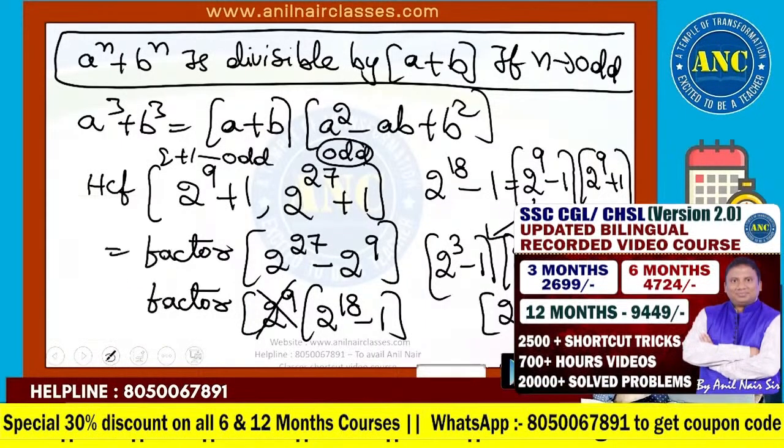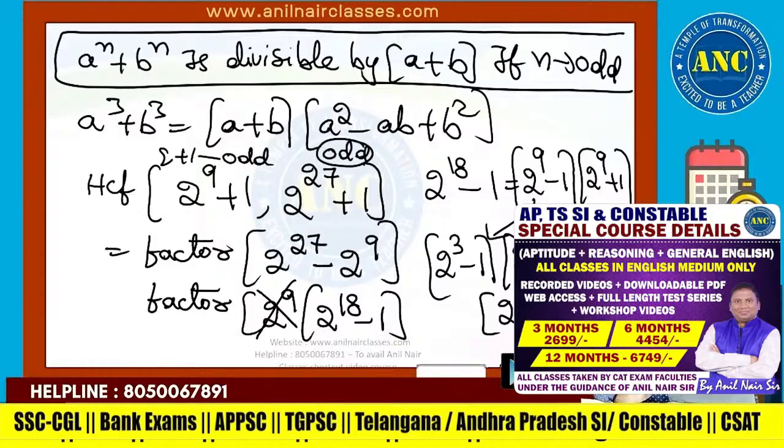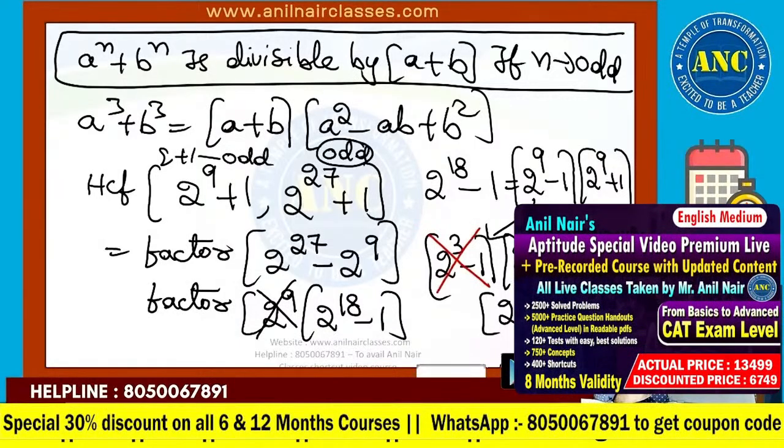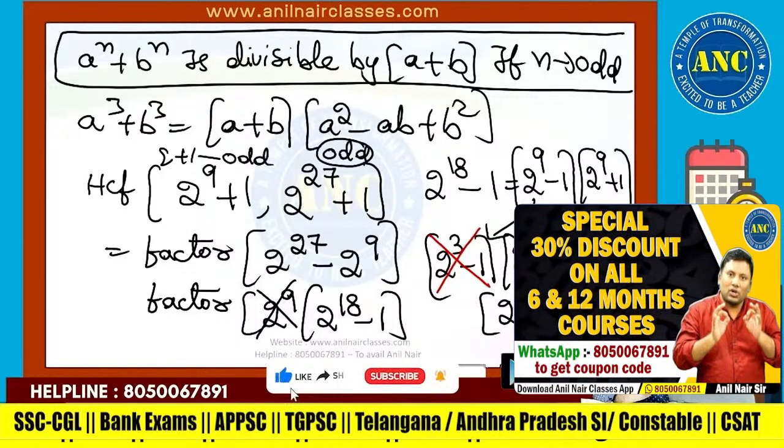Now see here. 8 minus 1 is 7. Will 7 divide this number? 512 plus 1 is 513. 7 is not divisible by this number. Out of these two, one among them is right.